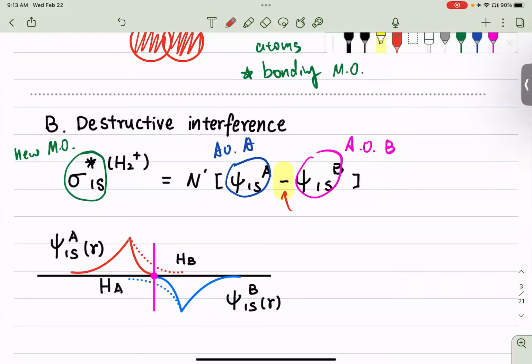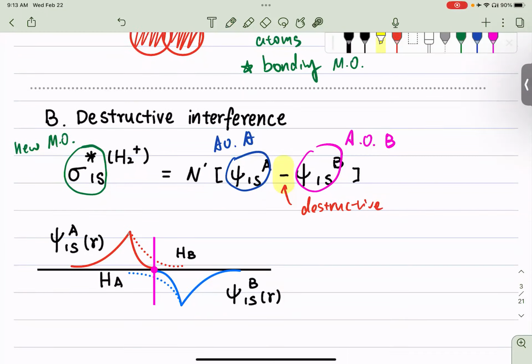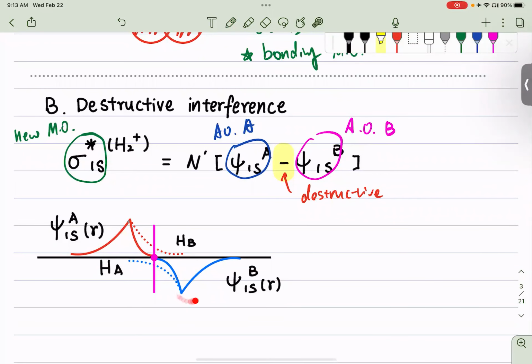That tells you we have a destructive interference. Or what we have is these two waves are of different sign. And when these two waves of different sign meet each other, what it creates is a node plane.